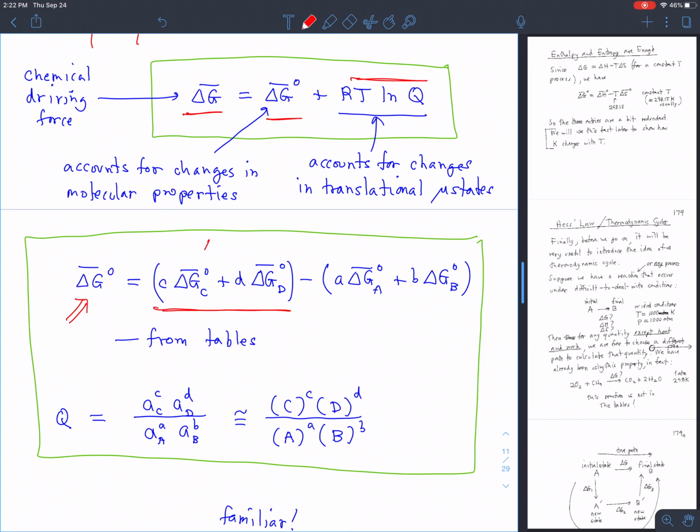It's the delta G standard states from thermodynamic tables, and notice that it's products minus reactants weighted by stoichiometric coefficient. In other words, it's the same rule that we've used for now many things, right?